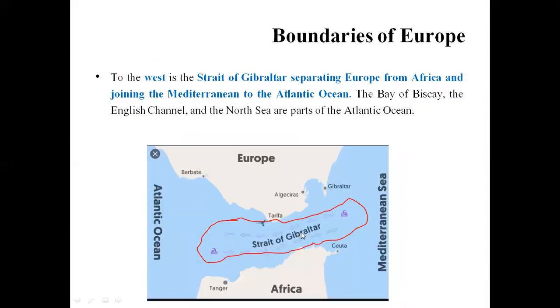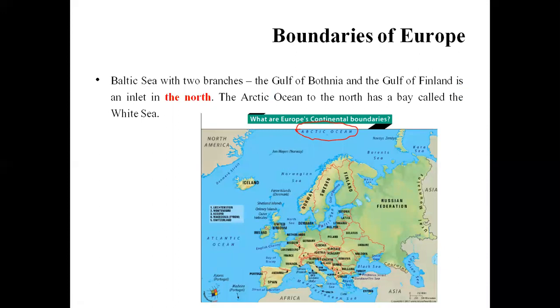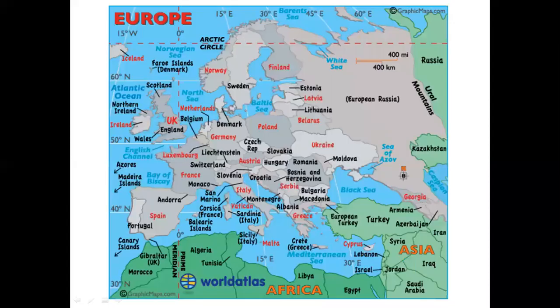Here you can see, I have added a big map of the Strait of Gibraltar. So that is about your western part. When you talk about north, just remember it has a border with the Arctic Ocean. And this is the political map of your Europe continent.